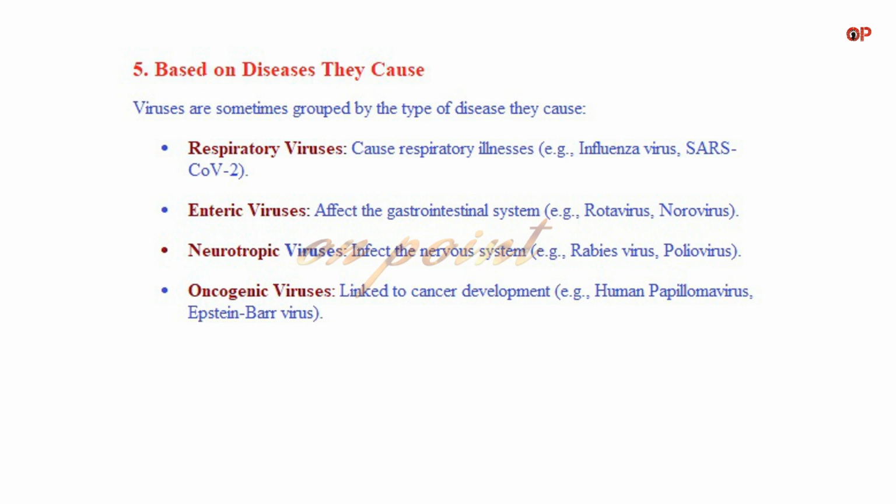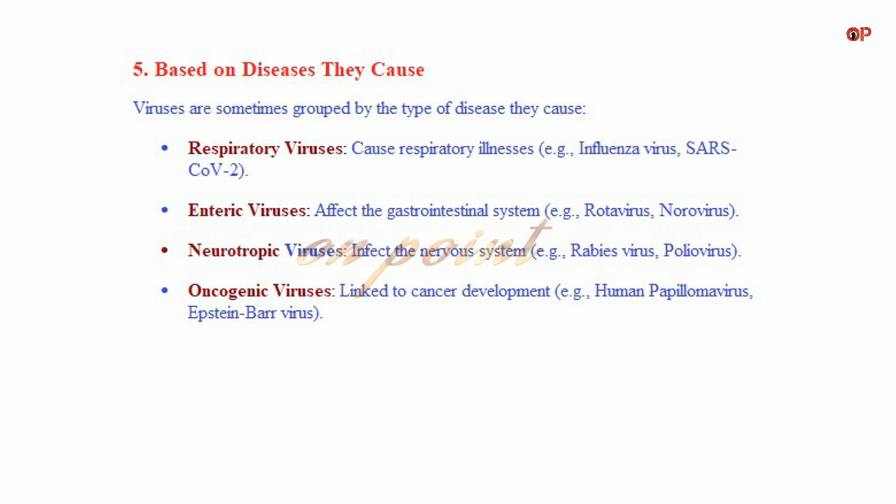5. Based on diseases they cause. Viruses are sometimes grouped by the type of disease they cause. Respiratory viruses cause respiratory illnesses, example influenza virus, SARS-CoV-2. Enteric viruses affect the gastrointestinal system, example rotavirus, norovirus.